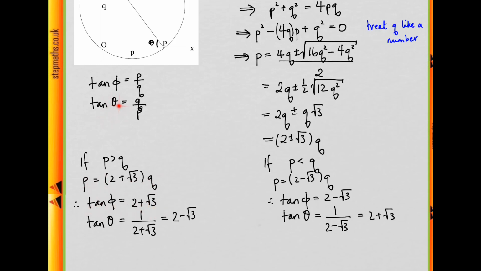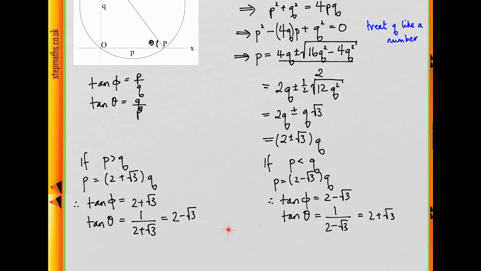And then tan of theta is q over p, so it will just be 1 over p over q, i.e. 1 over 2 plus root 3. And if you try to rationalize the denominator on this, you see that actually this is just equal to 2 minus root 3. And similarly for this case, when p is less than q, so for tan phi, we're dividing through by q to get p over q. So dividing through by q, we get 2 minus root 3. And then tan of theta is just 1 over that. So 1 over 2 minus root 3, which is 2 plus root 3.